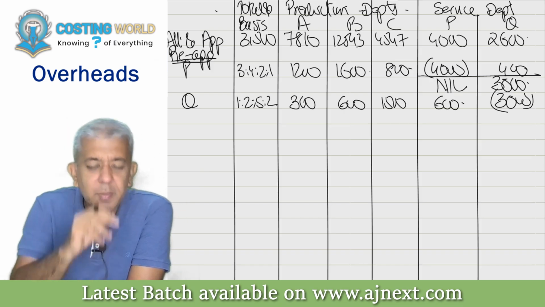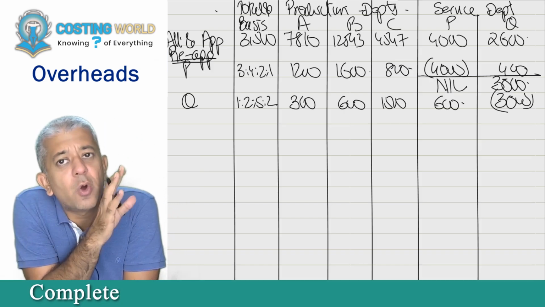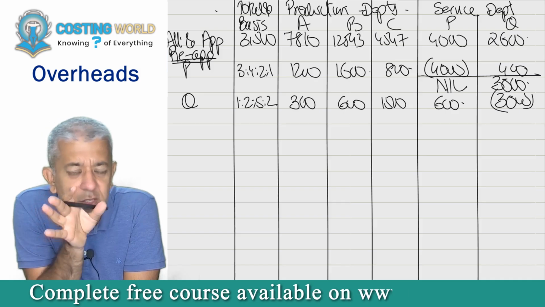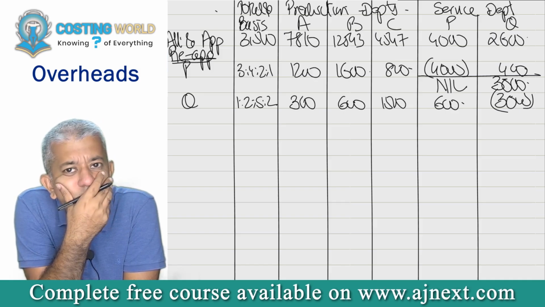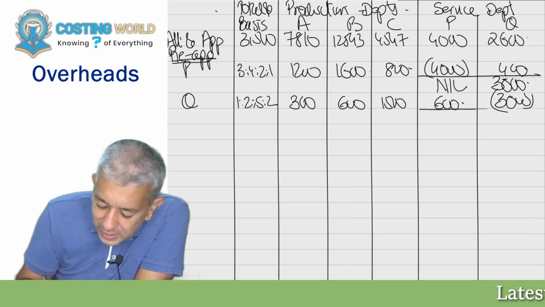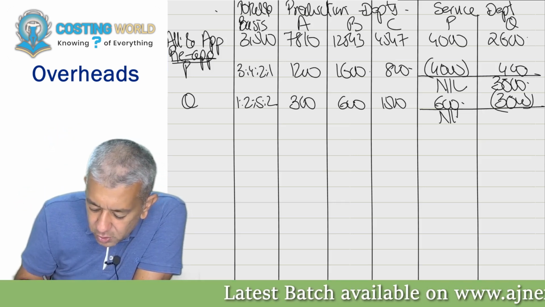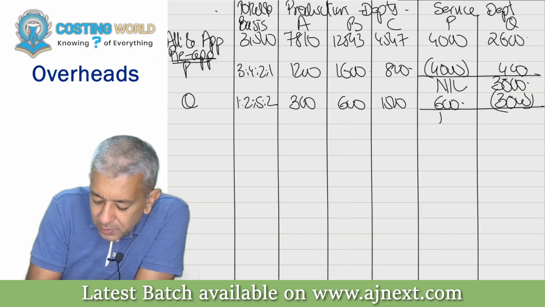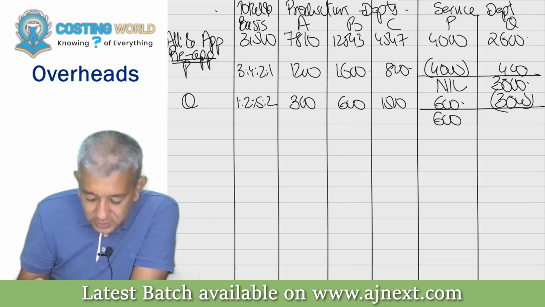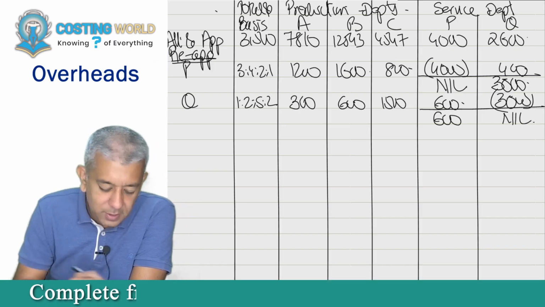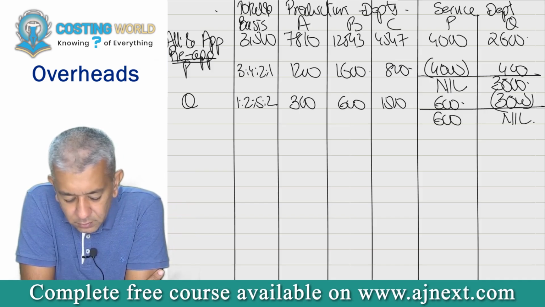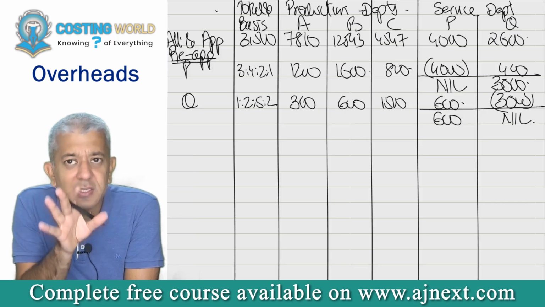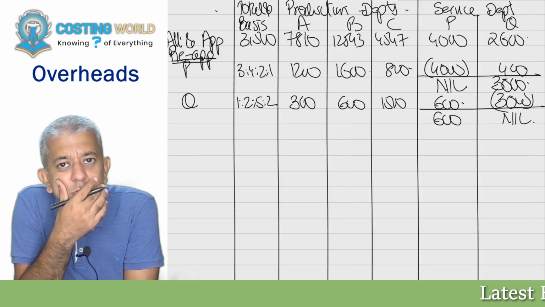Now, tell me one thing, with that, have the entire expenses of the service departments gone to the production departments? No, because there is still 600 rupees of cost with department P. So although this has become nil, 600 rupees will again have to be divided, no?